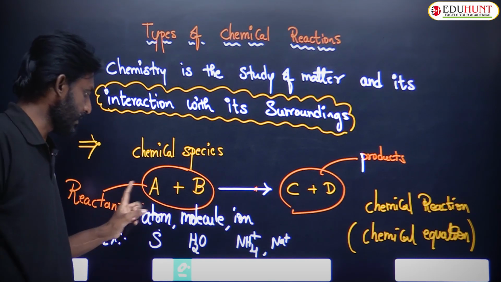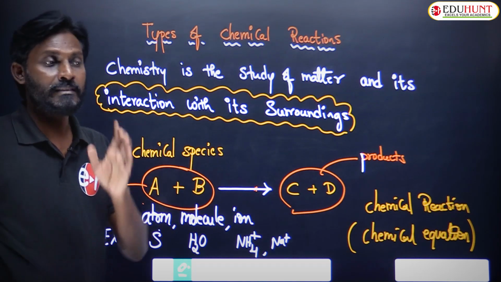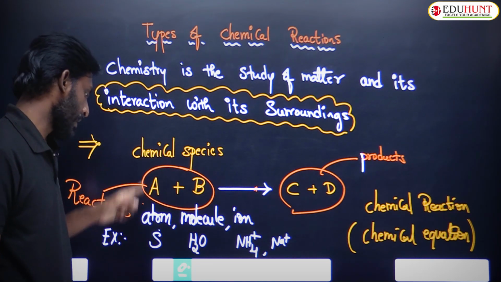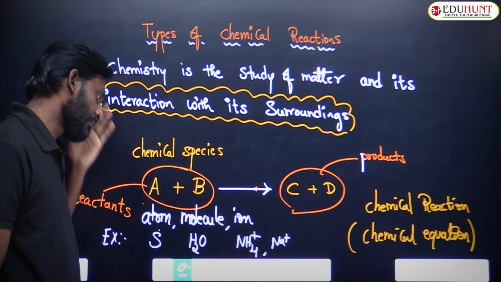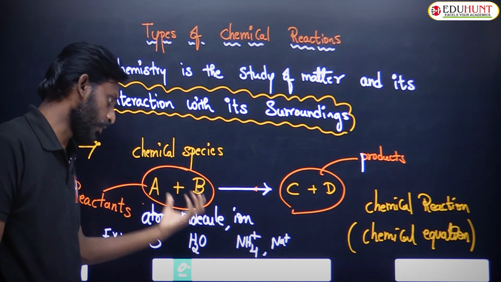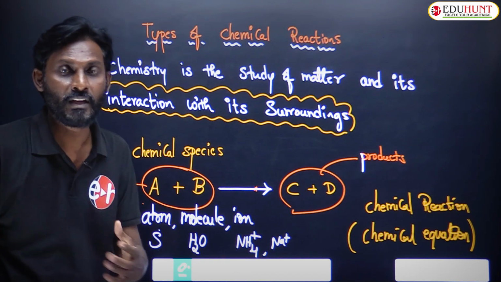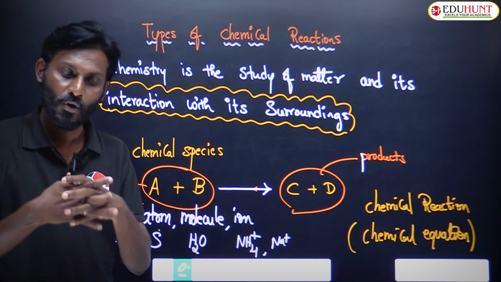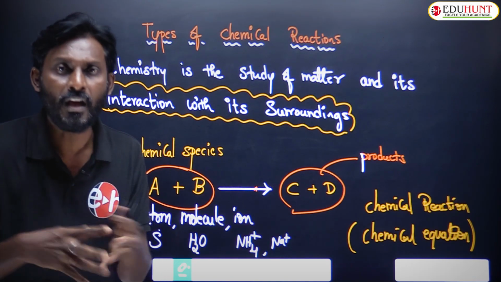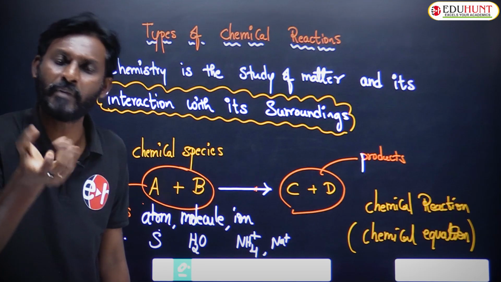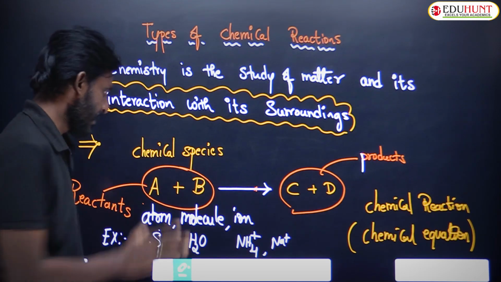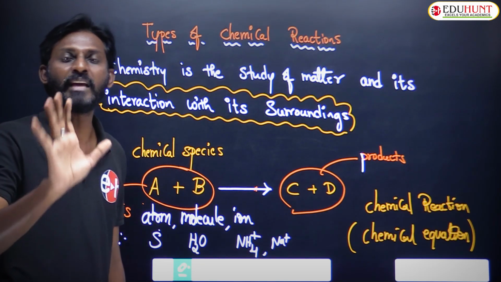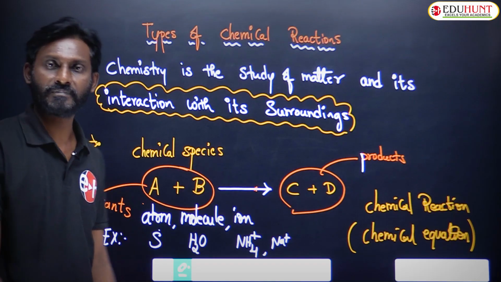fundamentally what happens in interaction here is, if I take one atom, it's different, but if it is a molecule or ion, in a molecule or ion there is a group of atoms. How are the groups of atoms connected? By chemical bonds. So in reactants there are some existing chemical bonds.